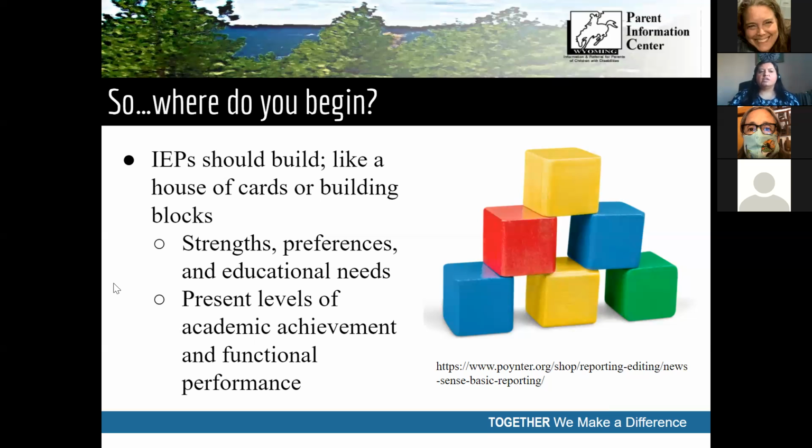So anytime you're writing an IEP, or as a parent reading through an IEP, and the strengths, preferences, and educational section and the present level section is only one page, then it's not enough information to really provide a teacher with enough data to write those SMART goals. So you really want those present level sections and the strengths and preference section to be strong and provide a really good foundation for those SMART goals to stand on.